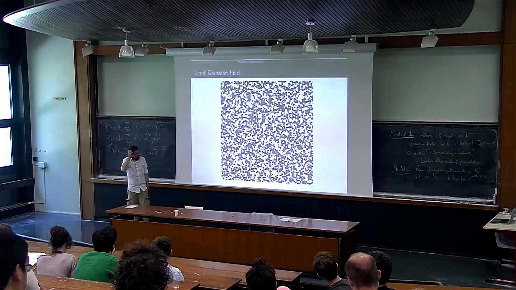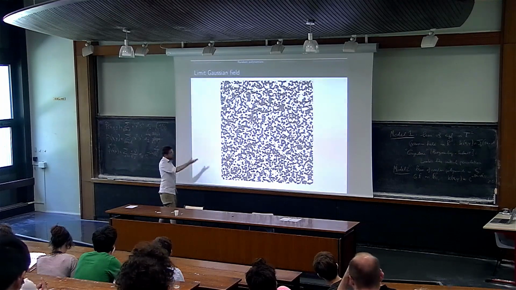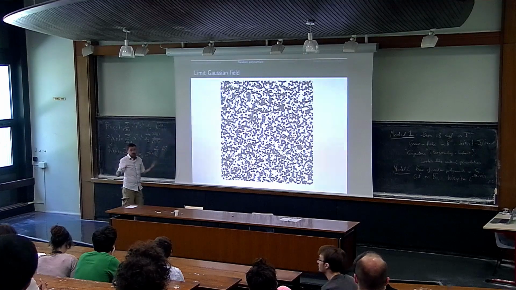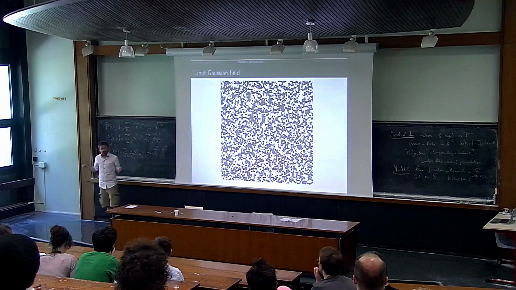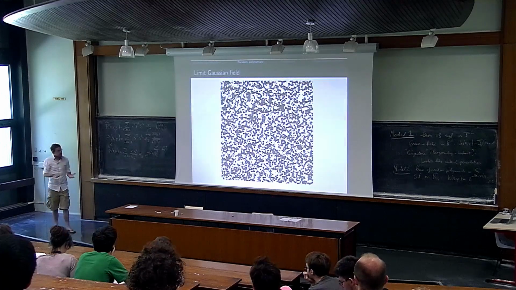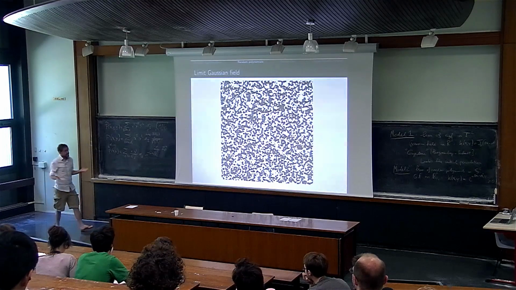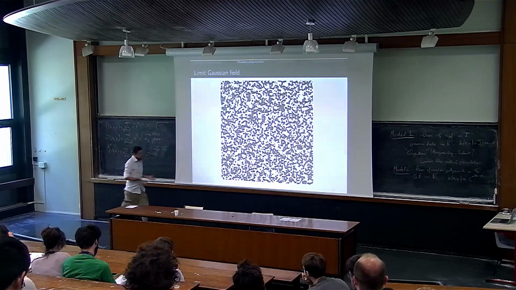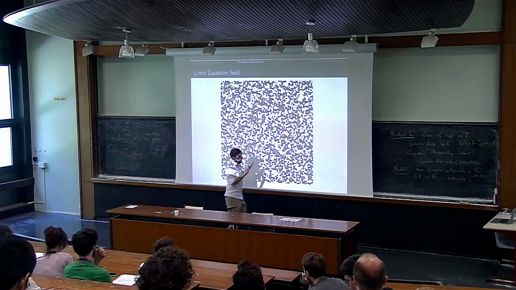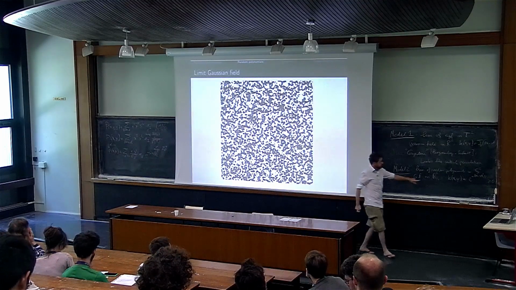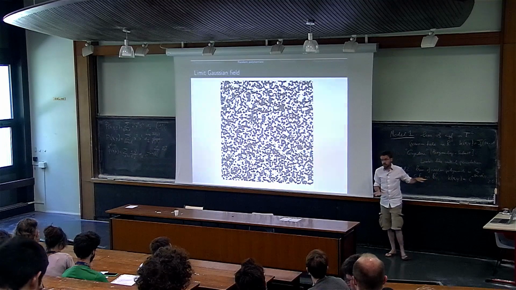The last thing I want to mention is that when you look at this field, you can look at local observables, like the total length of the interface, or the number of connected components, or the nesting, or things like that. And this is well understood, because the kernel is explicit, and everything can be computed in terms of this kernel.